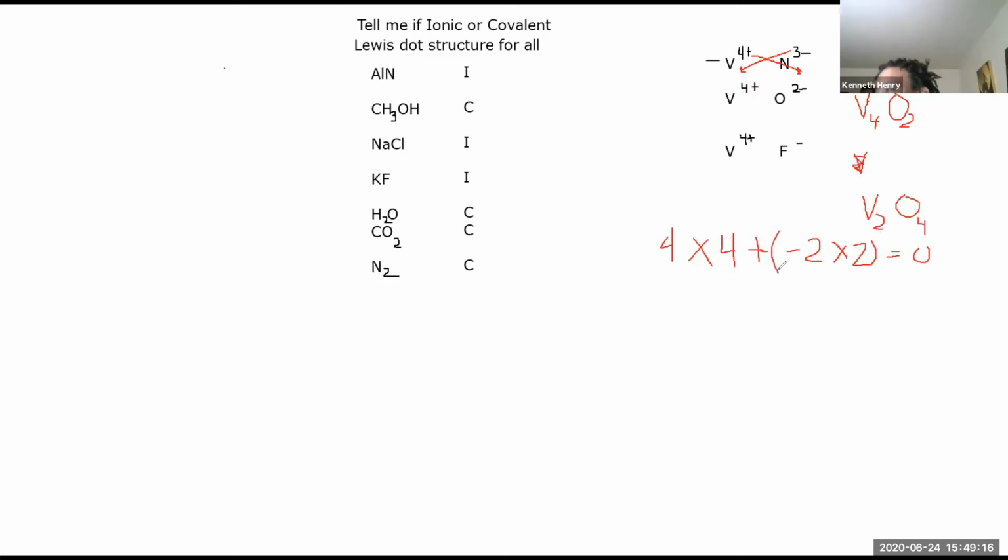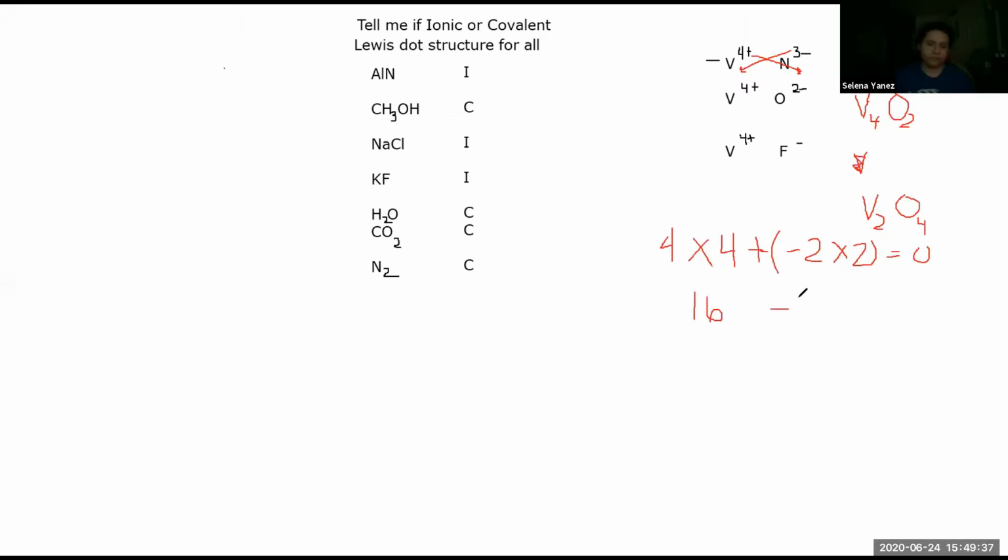Is that true? No. Okay, what does this equal? I want you guys to do the math for me, because maybe, you know, I learned math a long time ago. It may have changed since then. So 4 times 4 is what? 16. -2 times 2? -4.